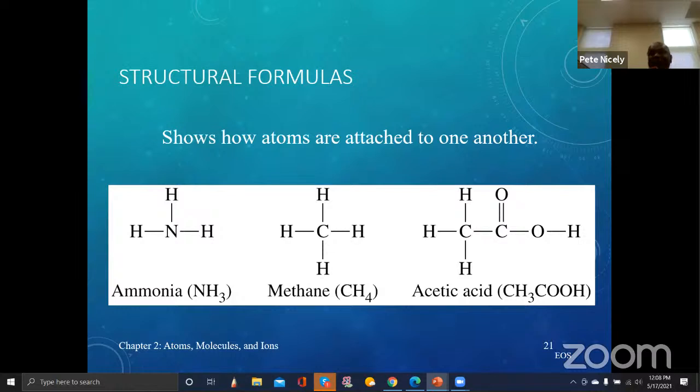Basically, each line represents a shared pair of electrons, which constitutes a bond. For example, in the case of methane, this carbon is simultaneously bonded by a pair of electrons each to 4 hydrogen atoms, all right? Acetic acid here is a bit more complex, but basically it's the same idea in terms of how the atoms are connected to each other.